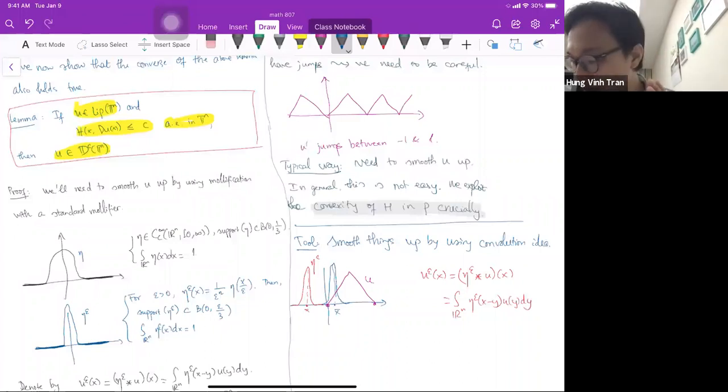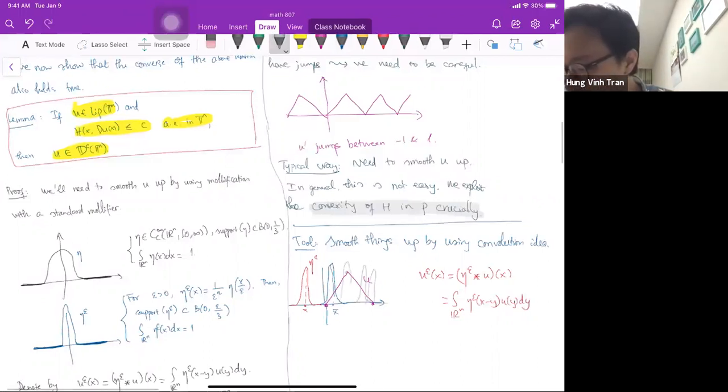And you keep shifting it around, everything is fine. But let's say at this tip, in which you have the jump in the gradient, right? So you're putting a convolution kernel here. Because you are taking the weighted average, instead of having the kink, you're smoothing it up, right?